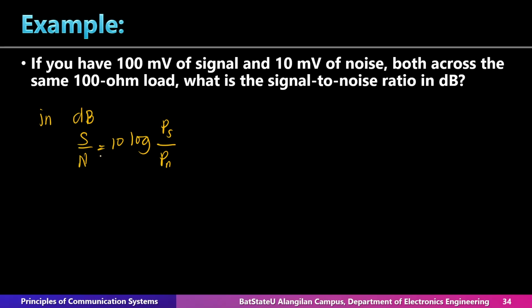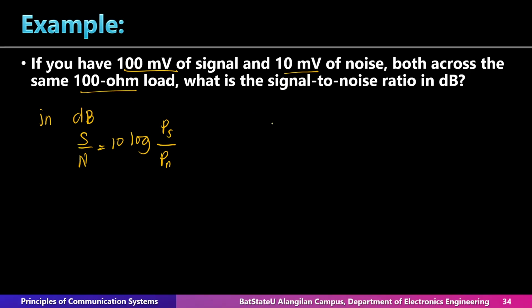Okay? However, we are not given the power of the signal and the power of the noise. Rather, we are given the voltage. No? So, we have the 100 millivolts signal and 10 millivolts noise, and they are measured across the same resistance.